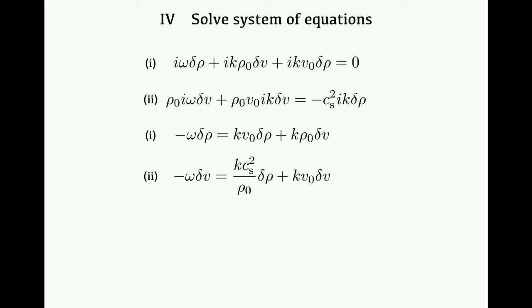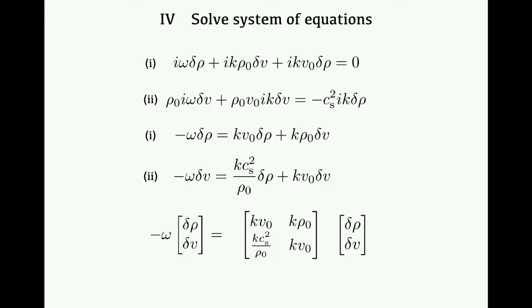And this means that the first argument in the matrix has to be k times v0 because it is multiplied onto delta rho. If we continue with that, we will find that the matrix equation in the end looks like this. So on the left hand side, we simply have minus i omega multiplied onto the perturbation vector, and on the right hand side, we have this matrix.